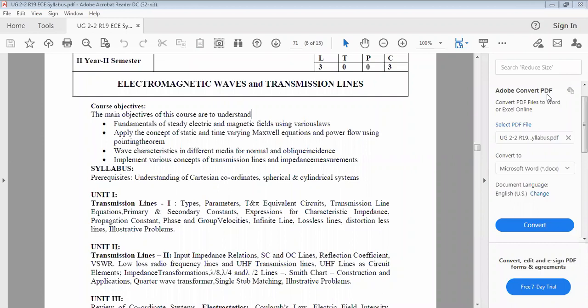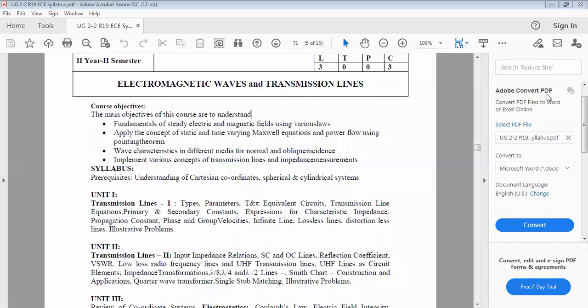What are they? The first one is primary constants. What are the prime important parameters?